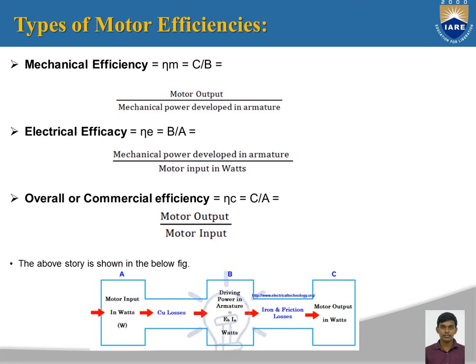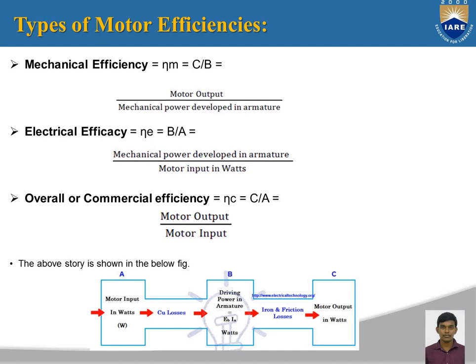As in the picture, you can see motor input in watts, where from A to B there are particular losses called copper losses. Copper losses are the losses in the copper wires. And second, B is the drive power in the armature, in watts. And from B to C there will be some losses like friction and iron losses.